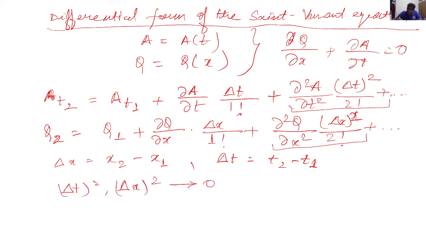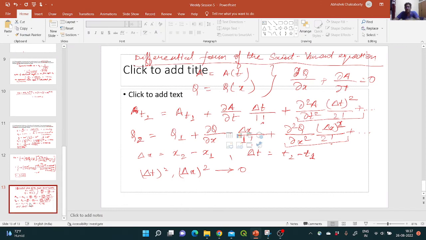So we neglect the second order term, because delta x power 2 and delta t power 2 will be almost 0. So we can do that easily.